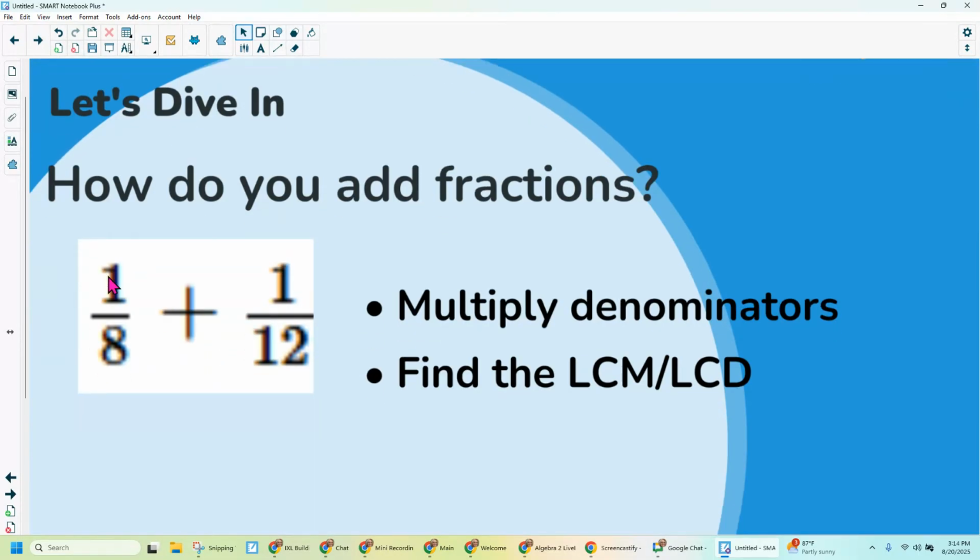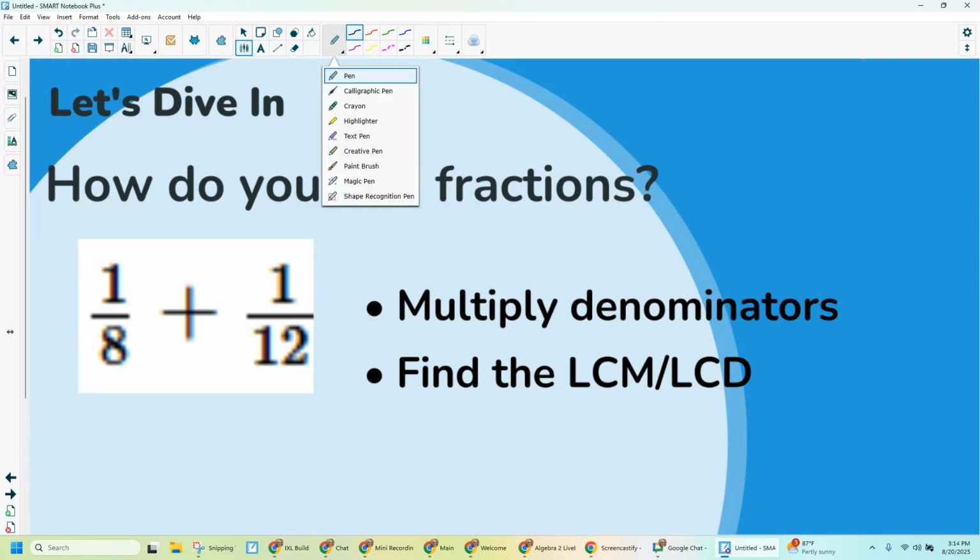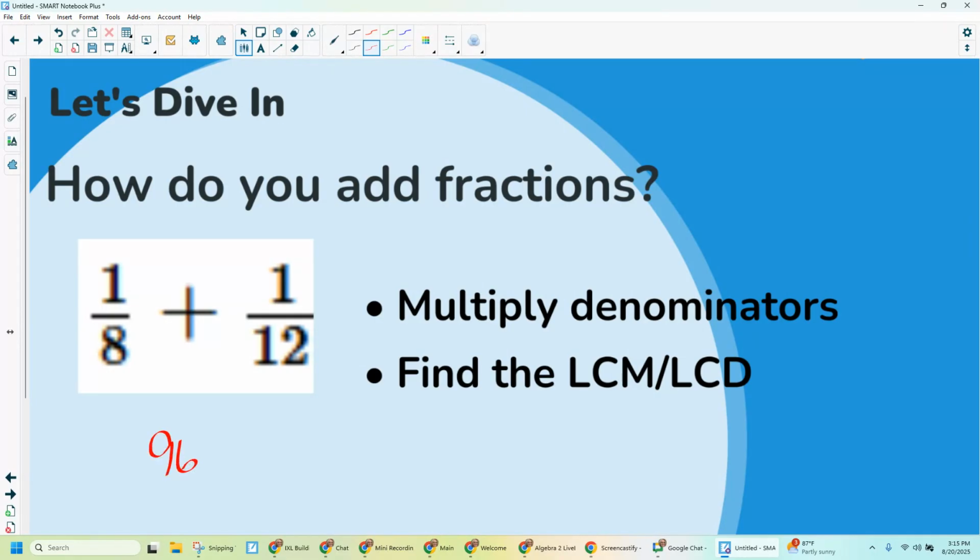So, in this example, I have 1/8 plus 1/12. A lot of times, people choose to multiply the denominators. So that would be 8 times 12, which is 96, and use 96 as the common denominator.